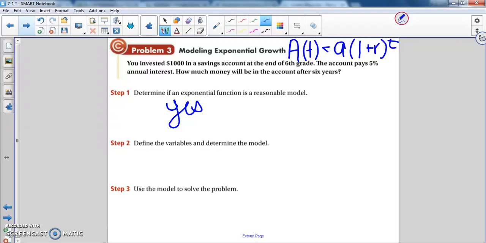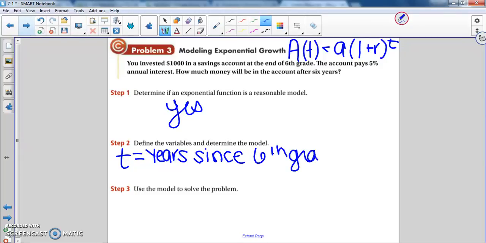We have to define our variables. So let t equal years since 6th grade, and let A of t equal the amount after each year, so that we have our model.